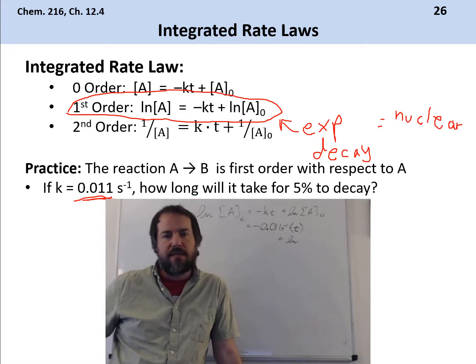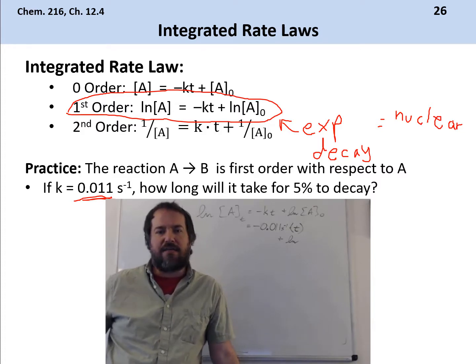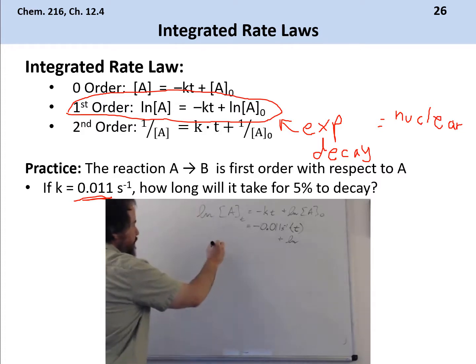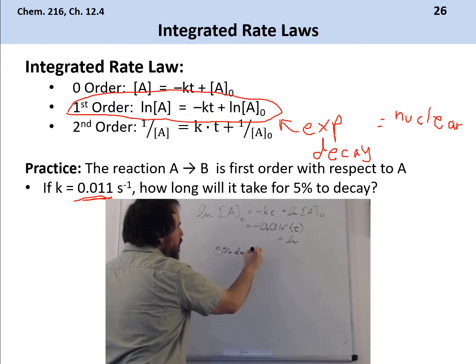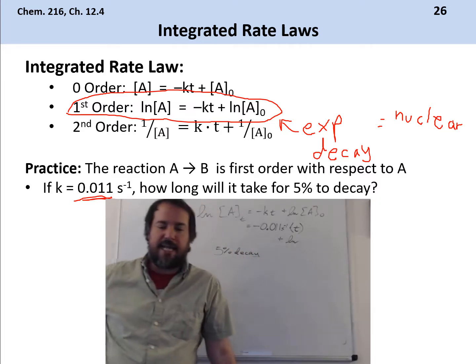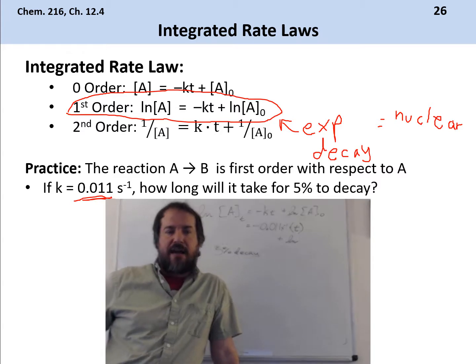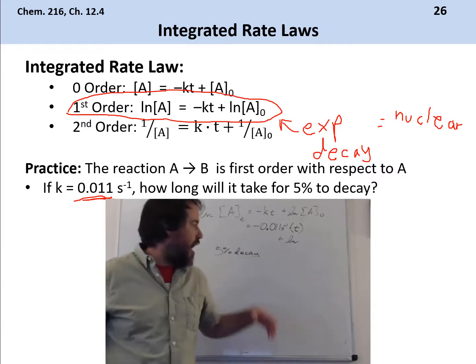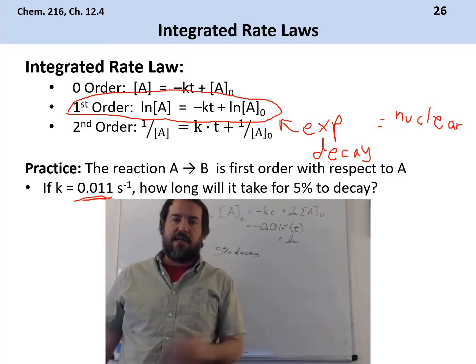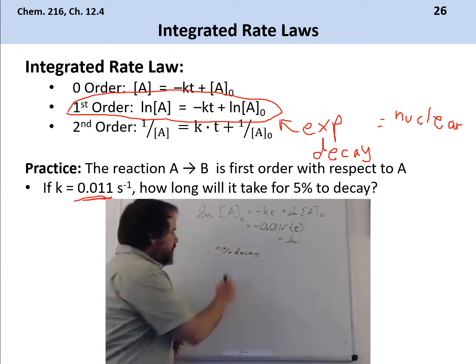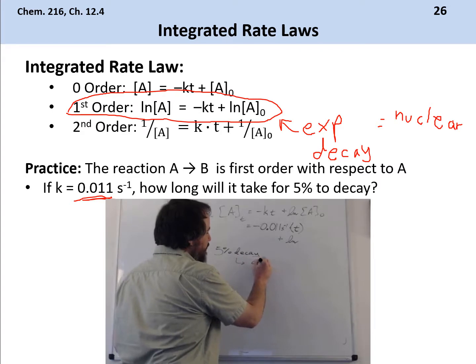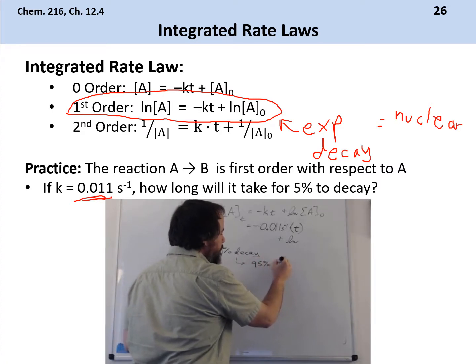But notice how it tells us that 5% decay. What does 5% decay mean? Well, 5% decay is the same as if I say, hey, I had $100 and I spent 5% of it. Now I have $95. So 5% decay means 95% remains.